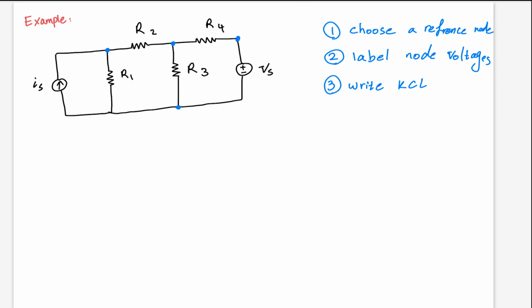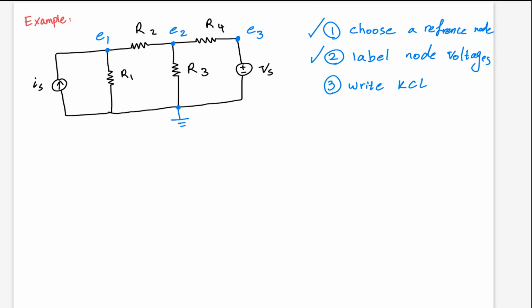So we can choose one of them as a reference node. We can say that this node should be the reference node, and we can connect it to the ground, or say it is at 0 voltage, and label the others. So this is E1, E2, and E3. Okay, we have done steps 1 and 2.